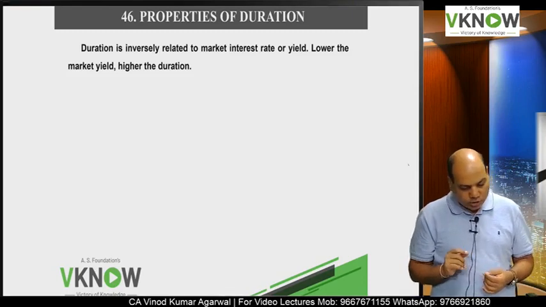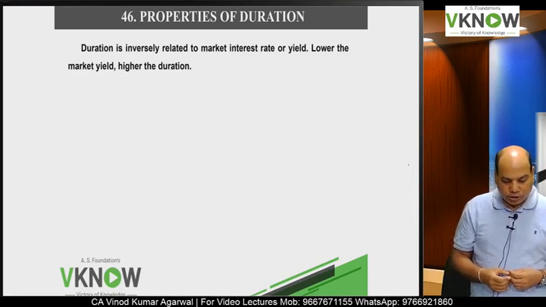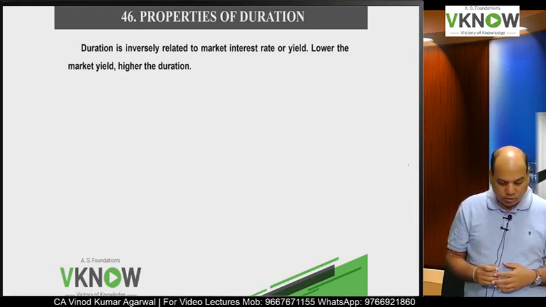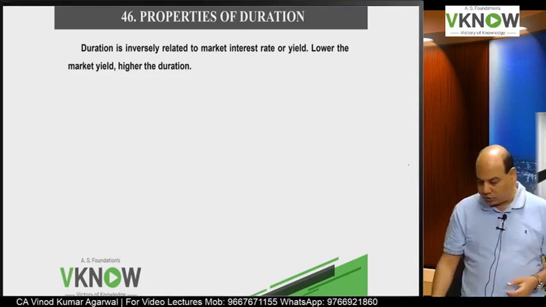There is a question in your book, question number 46. Calculate the duration of a 7% 5-year bond given YTM is 10%, face value is rupees 1000.